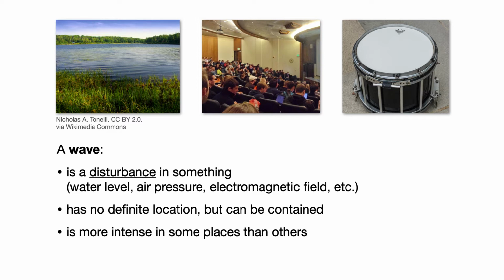If you look at the waves on the water, there are some places where the waves are higher, other places where they're lower, and the same sort of thing applies to sound waves and vibration waves. The last thing that's going to be important to us is that waves interfere with other waves. This is something that we're going to be returning to in a later video.